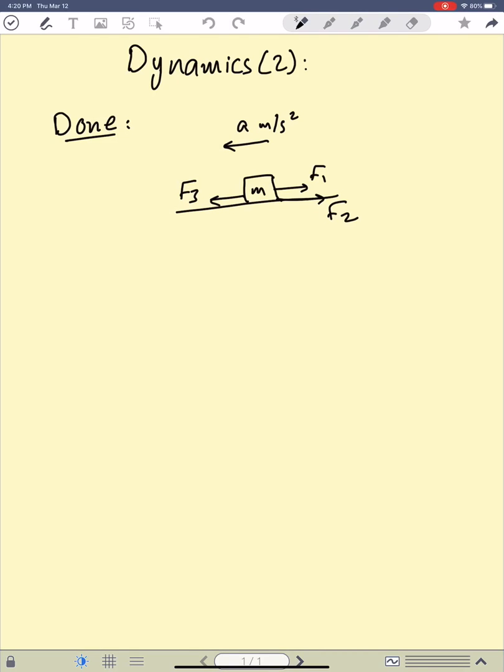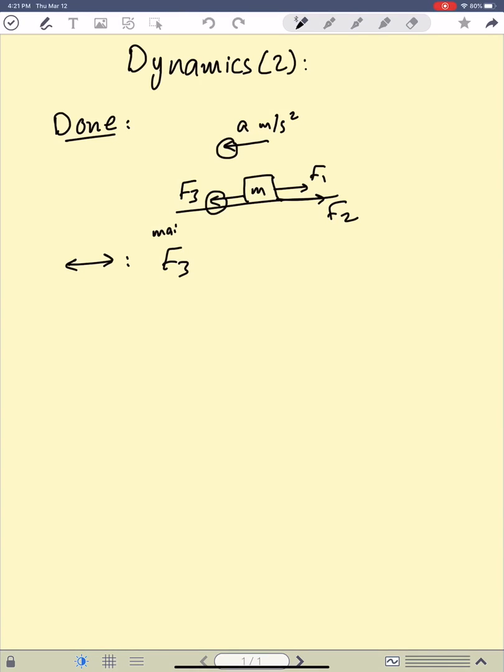So the equations of motion are two cases: in the direction of motion, or we say horizontally. The force parallel to the direction of motion is F3. So F3 is the main force.